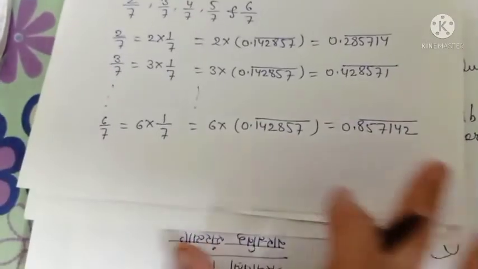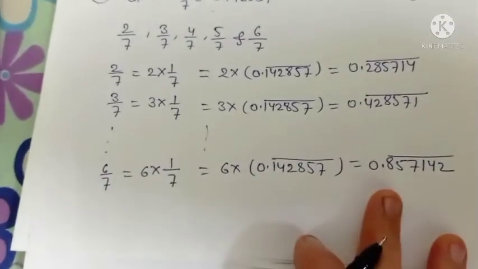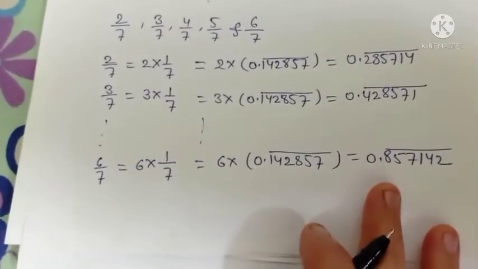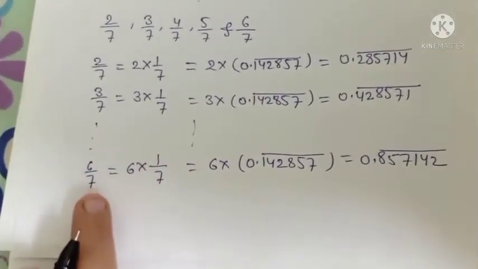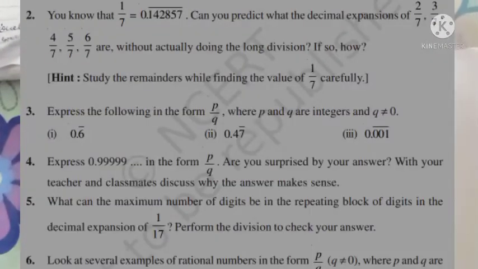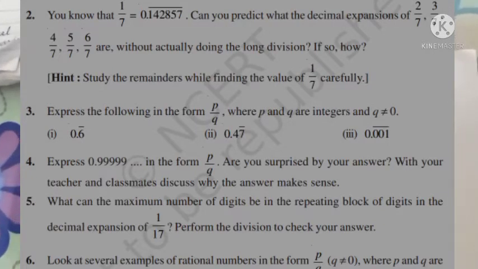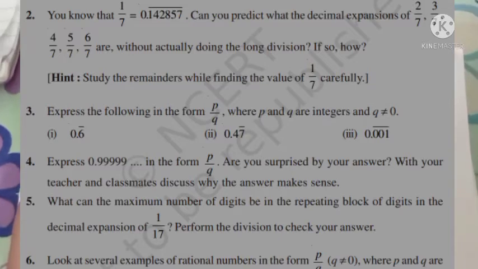So this is the process to find the decimal expansion of 2 upon 7, 3 upon 7 and so on, up to 6 upon 7, without doing long division. Come to the third question. The third question is: express the following in the form p upon q, where p and q are integers and q does not equal 0.